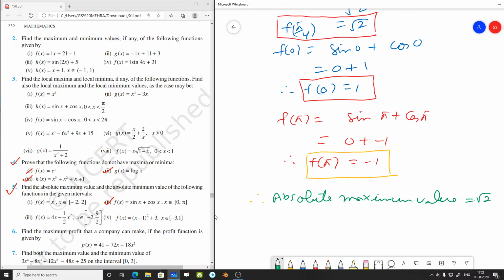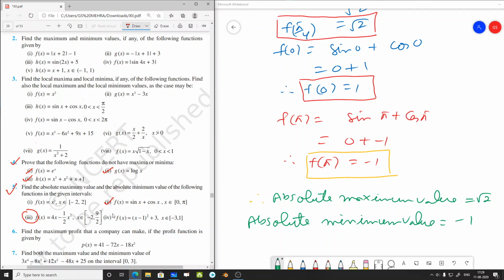And now absolute minimum value is equal to the least of all these, so that is minus 1. So this is the solution of the second part, and the third and fourth parts you will try on your own, that will be self trial.